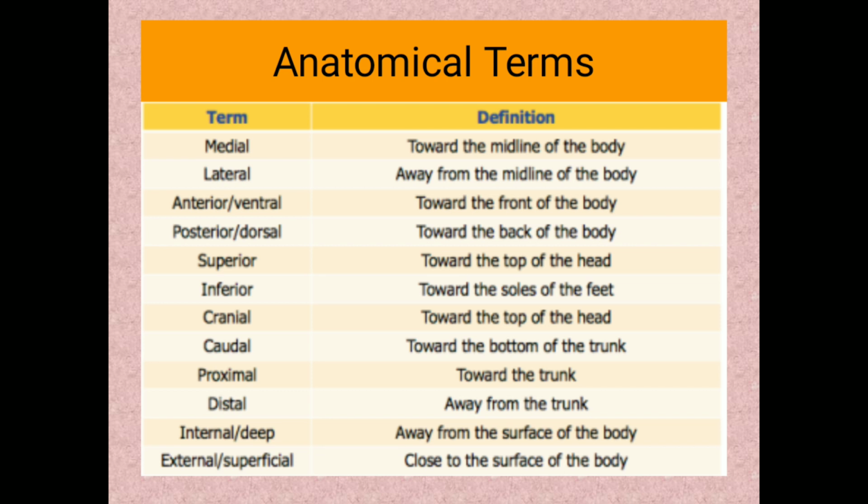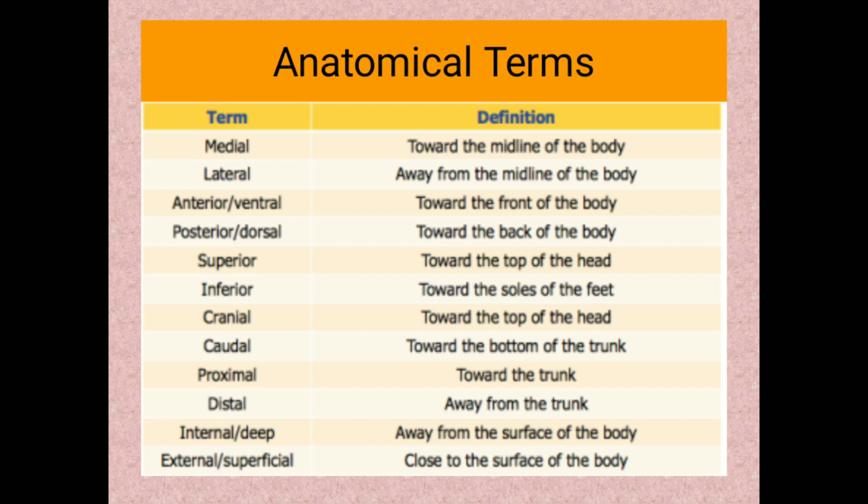Next is superior and inferior. So superior, by the word itself we can understand that anything that is above is known as superior, and inferior means anything that is below is known as inferior. Superior means towards the top of the head and inferior means towards the sole of the foot.